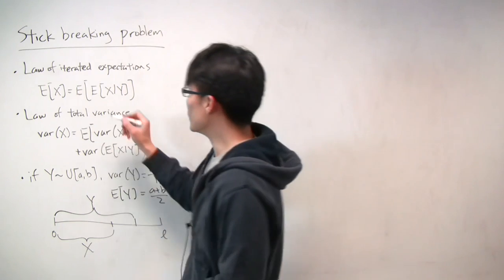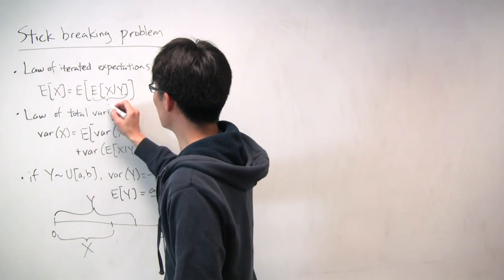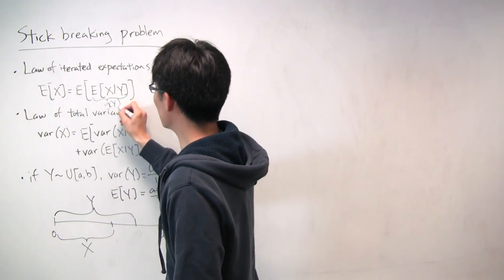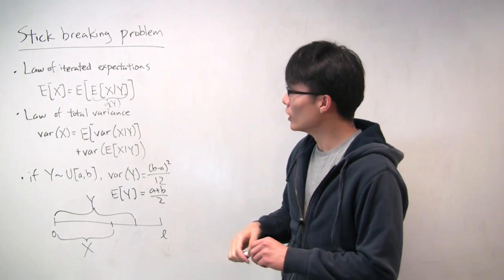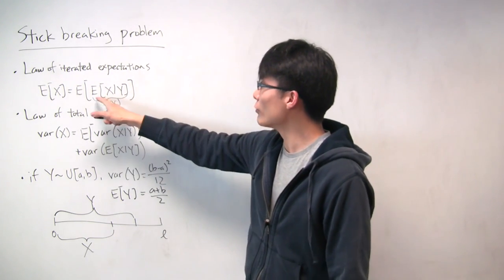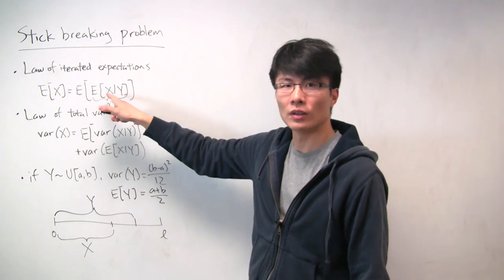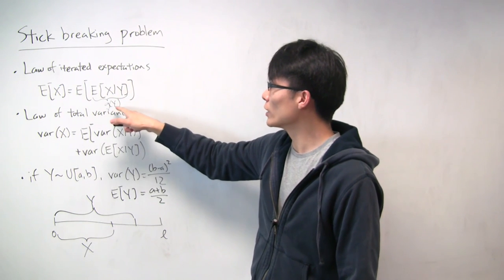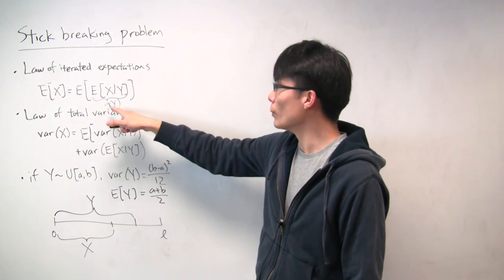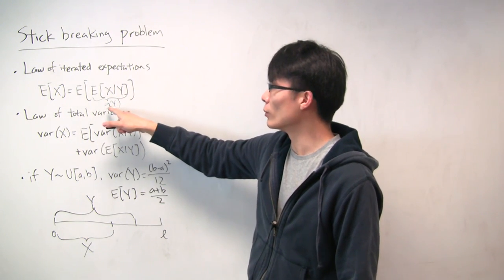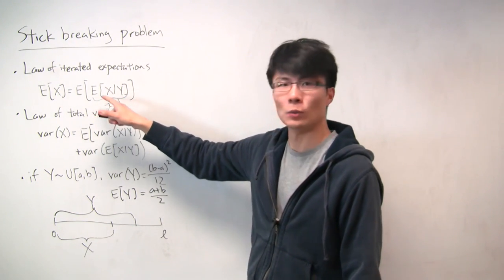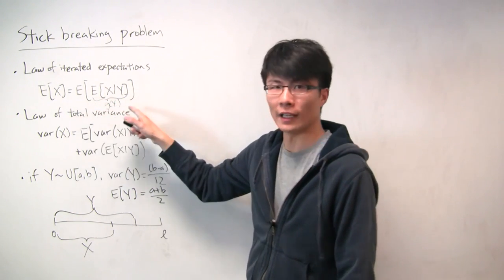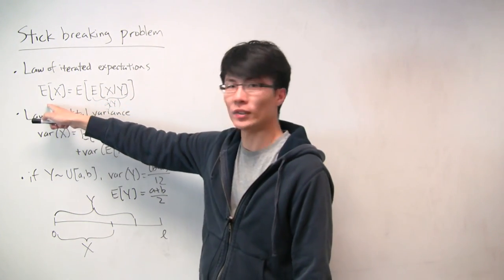Now recall that this conditional expectation is really a random variable, which is a function of the random variable y. So we first average out x given some y, and what remains is some new random variable which is a function of y. Now we have randomness in y, which will then average out again to get the final expectation of x.